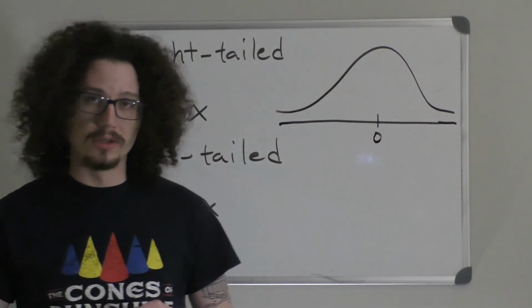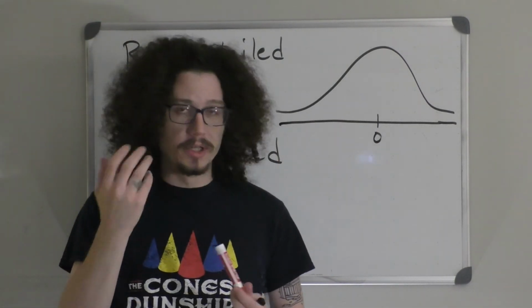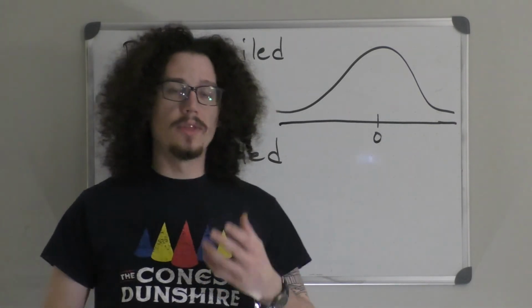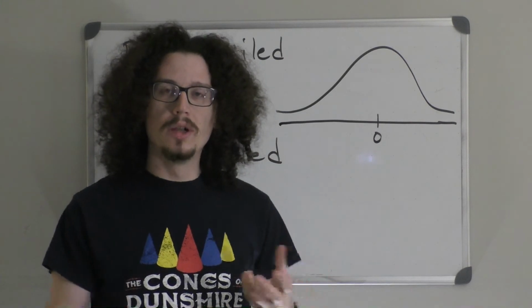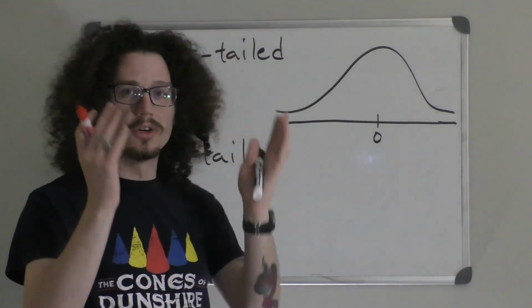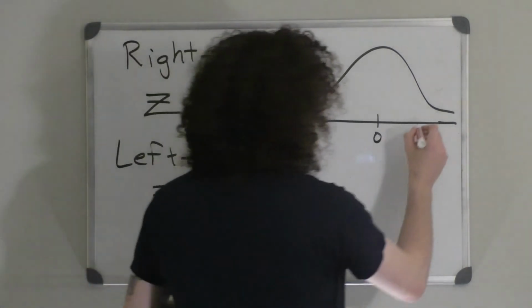Now, one way to help us remember to do this is to draw out the distributions. I'm gonna continue drawing these out, especially once we get into the example phase. The reason for that is because for anyone who's more visual, it can help remind you of, say you're doing a right-tailed test, you get your critical value, you say, well, I don't remember if it's positive or negative.